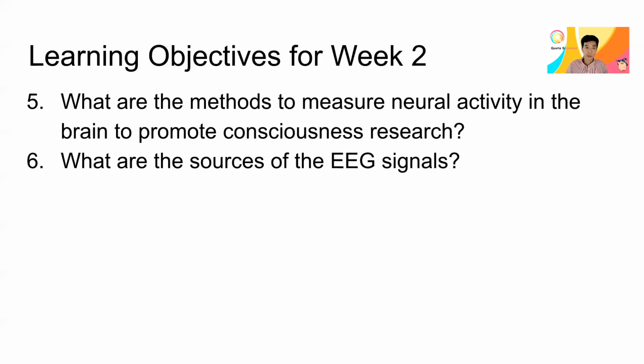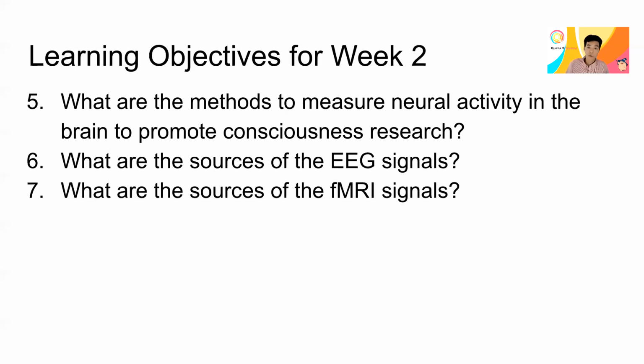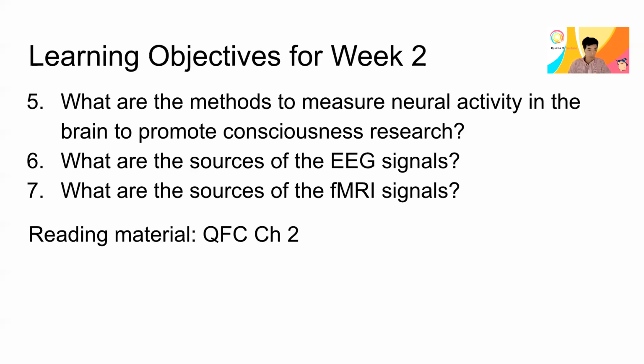One is EEG, and how EEG is generated by the brain. That's the question. And also, we are going to talk about fMRI. That's another non-invasive imaging technique, and we are going to discuss the source of these two signals. And as a reading material, I suggest Quest for Consciousness, chapter 2.